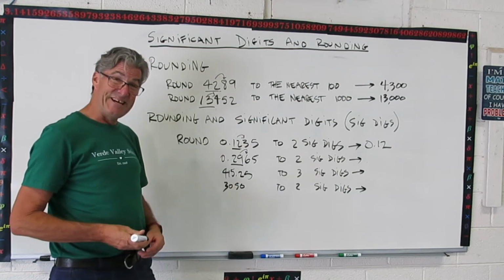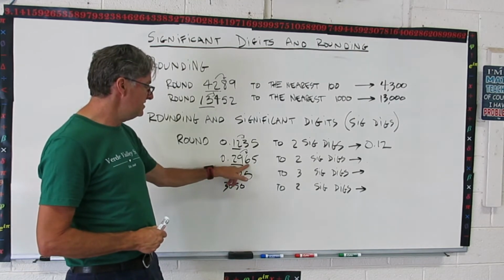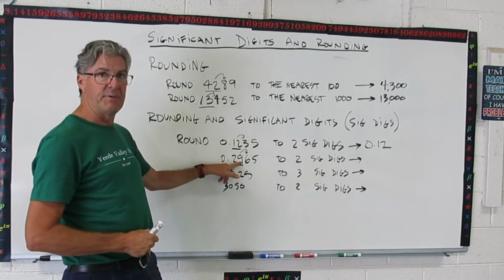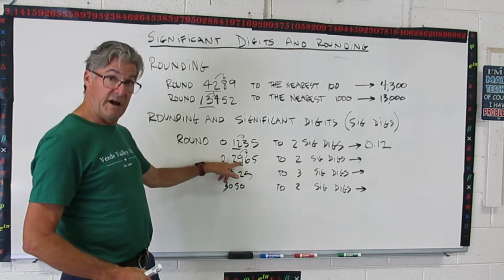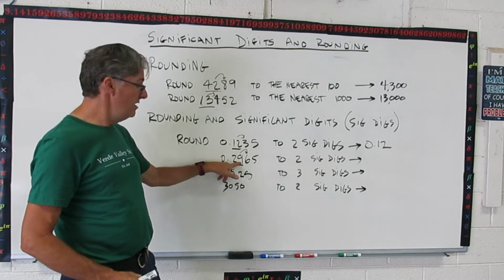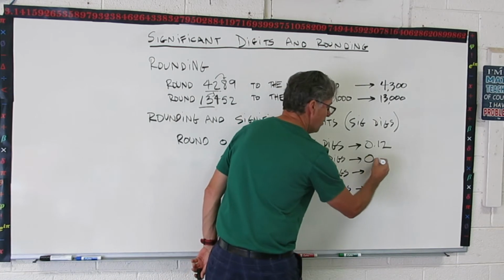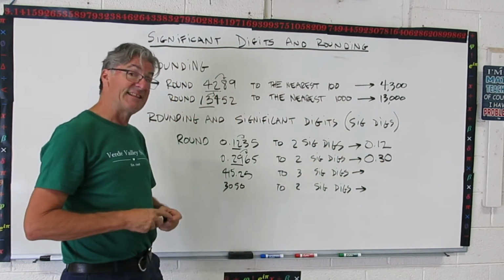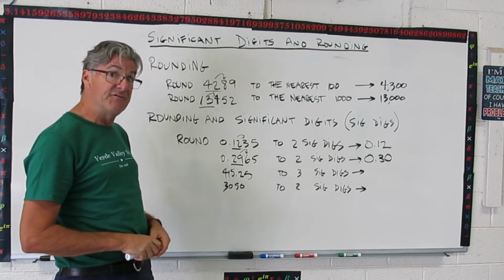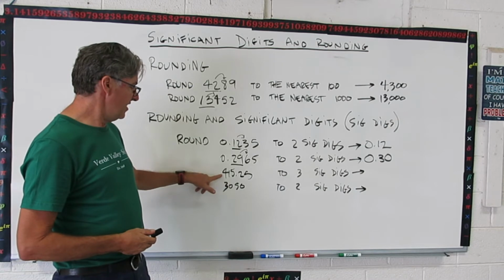Now that's a 6, so that certainly is 5 or bigger, so we're going to use that 6 to bump the 29 up. But that goes to 0, right? So what happens when this goes to 0? This goes to 3. So our answer here is 0.30. We need to keep that last 0 to have 2 significant digits, okay? Let's try this one.